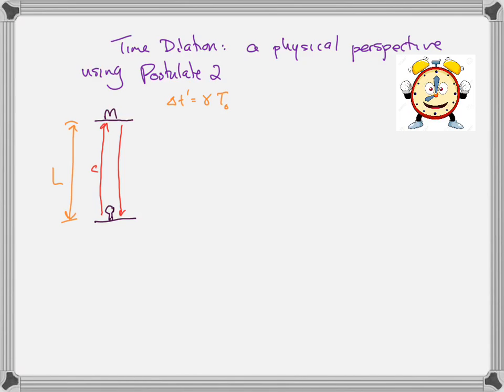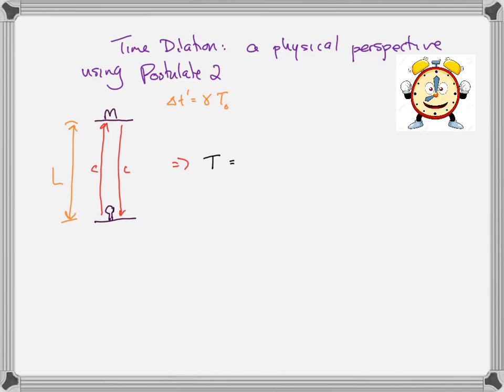Well, if the light goes upwards at C and back down at C, then if it moves at C and it goes L up and L back, it's going to be distance equals rate times time, right?